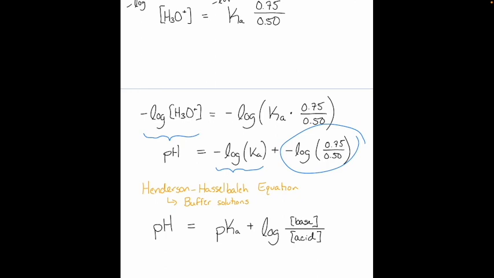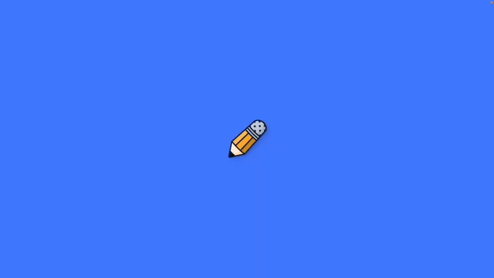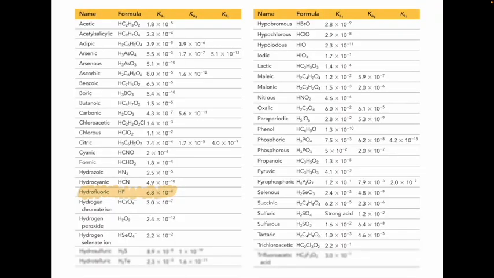All right, so then finishing this off here, I'm going to need to look up my Ka for this particular acid and conjugate base. That's that 6.8 times 10 to the negative 4.